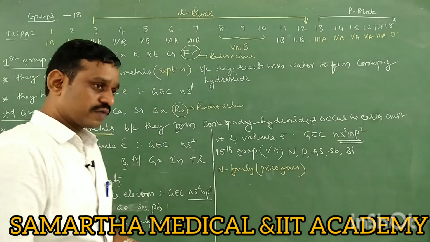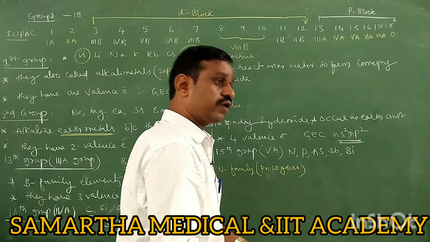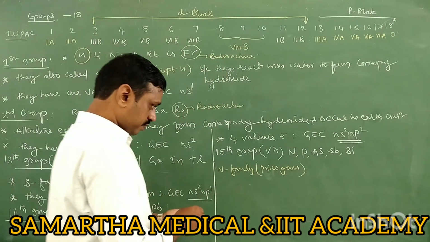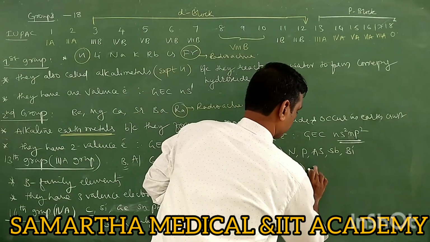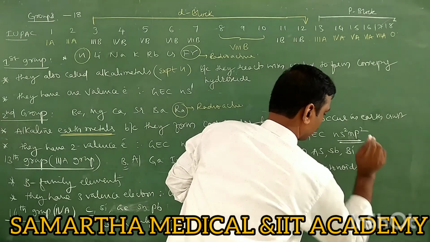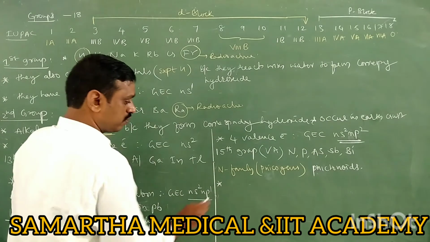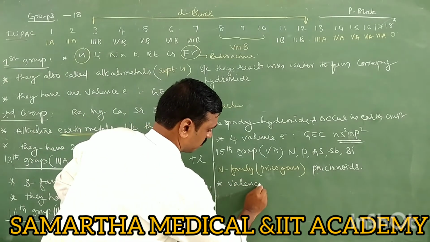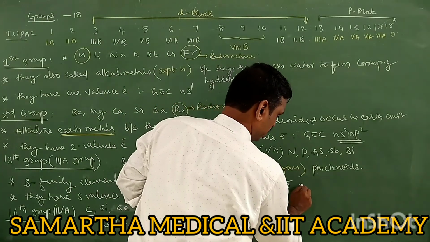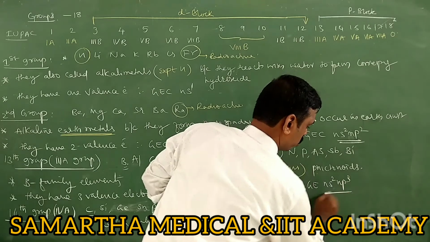Many fertilizer compounds contain nitrogen, and those compounds are called pnictides. Pnicogen is the element name. Next, they have 5 valence electrons, so the general electronic configuration is ns2 np3, 2 plus 3 is 5.